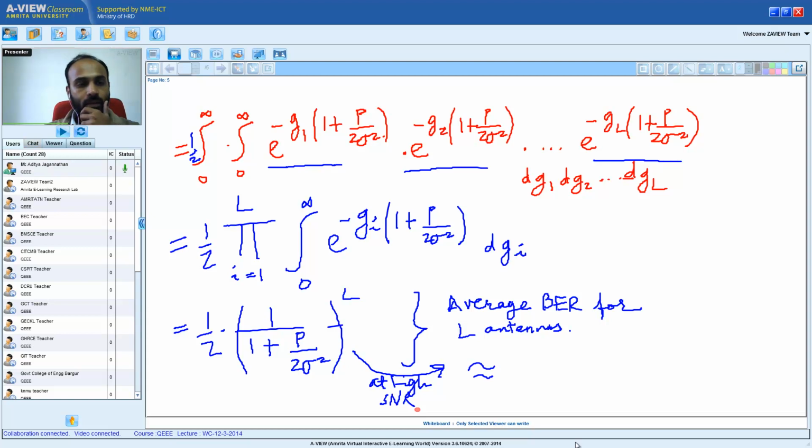Look at this expression. Can someone simplify what is the bit error rate at high SNR?